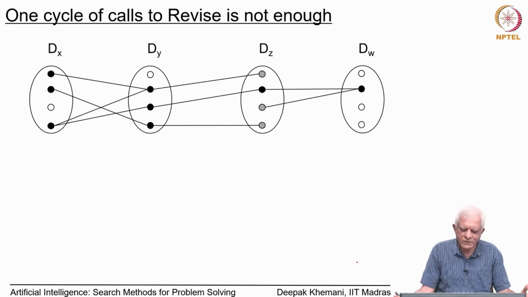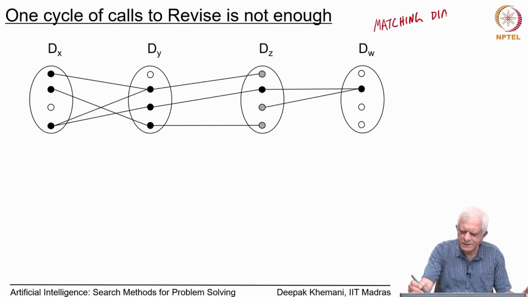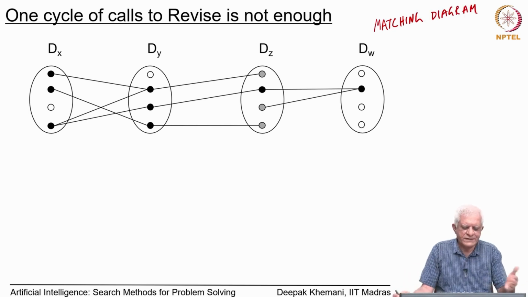Each domain has 4 values in this example, and each edge is an edge in the matching diagram that we have seen earlier. So, an edge says that these two values are related essentially.